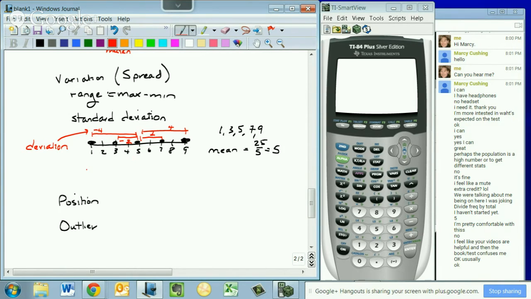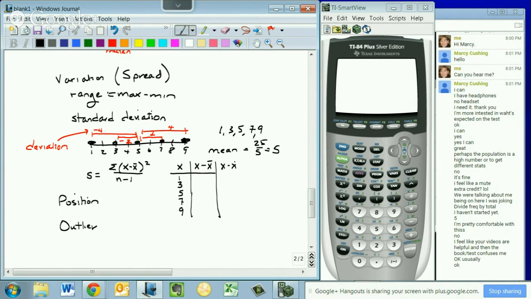So the formula for this, and let's just look at the sample standard deviation, which is S. The idea is that you're going to put all of the values in the first column. In the second column, you put the deviations.